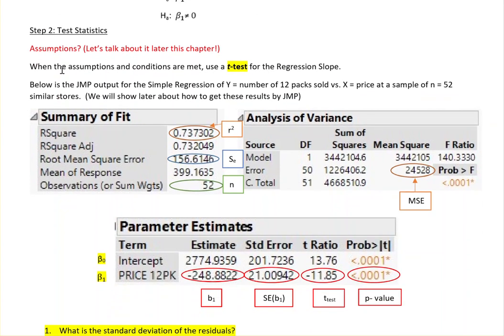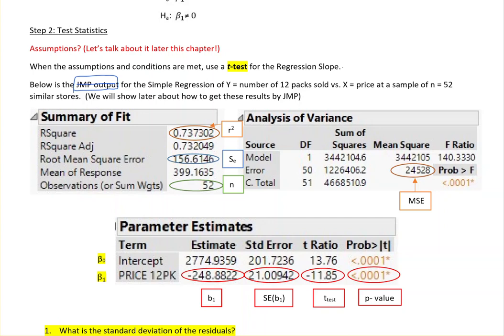Assume the assumptions and conditions are met, then we will use the t-test for the regression slope. Now we will have the JMP output given to you. Your job is to find the useful information from the output for the given questions.